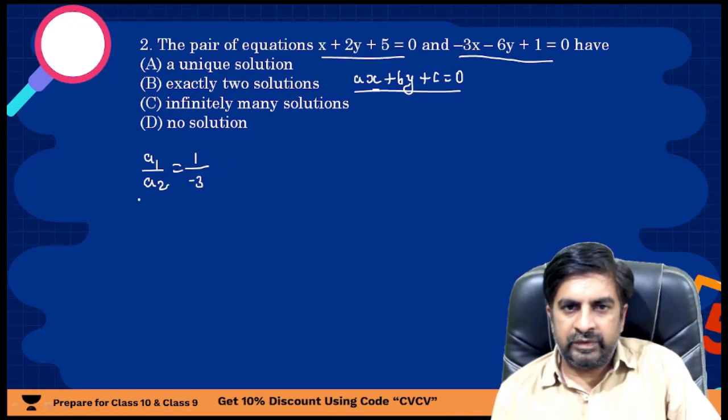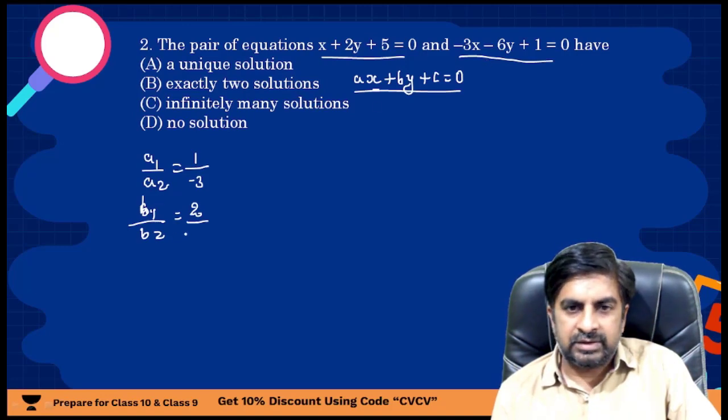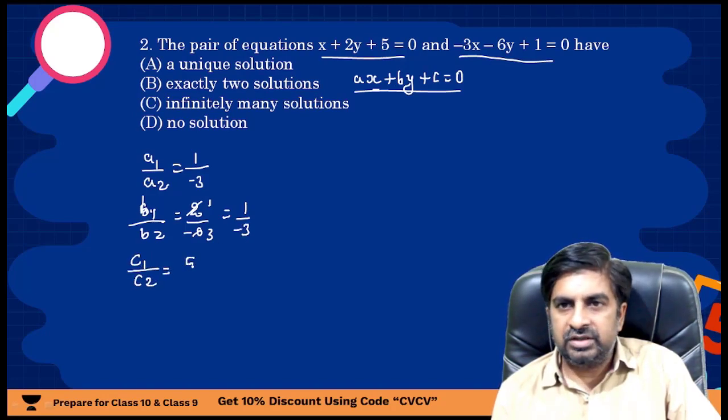We cannot cancel anything, so keep it as it is. Now b1 by b2, here b1 is 2 and b2 is minus 6. Again we can cancel, this is 1 by minus 3. Now c1 by c2, that is 5 by 1.